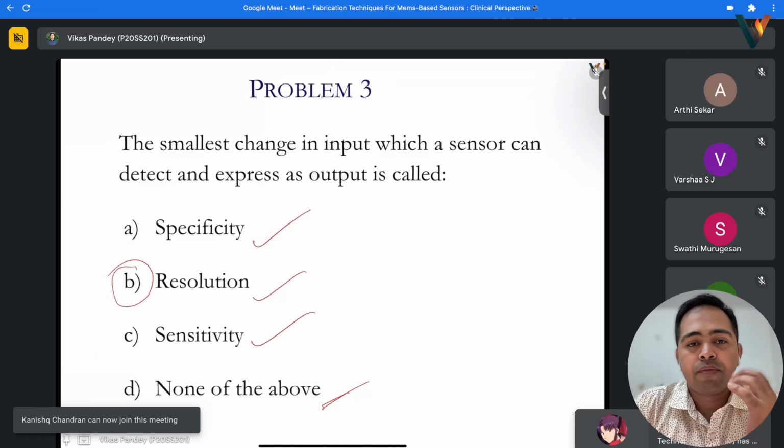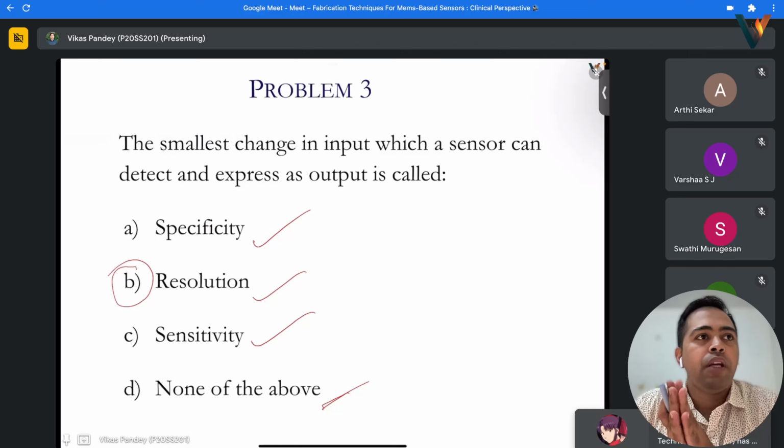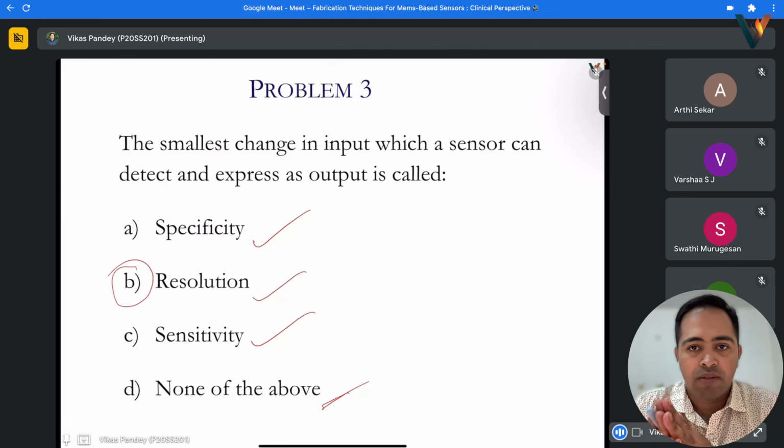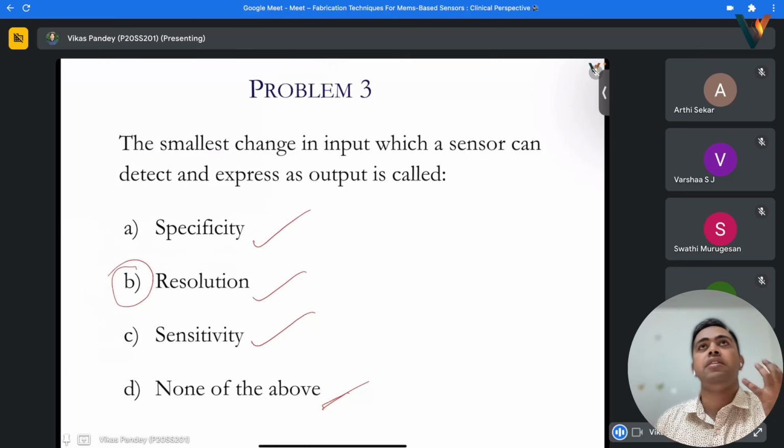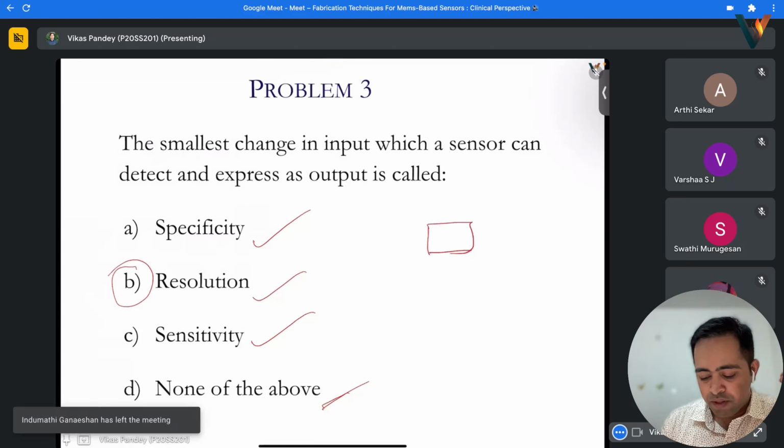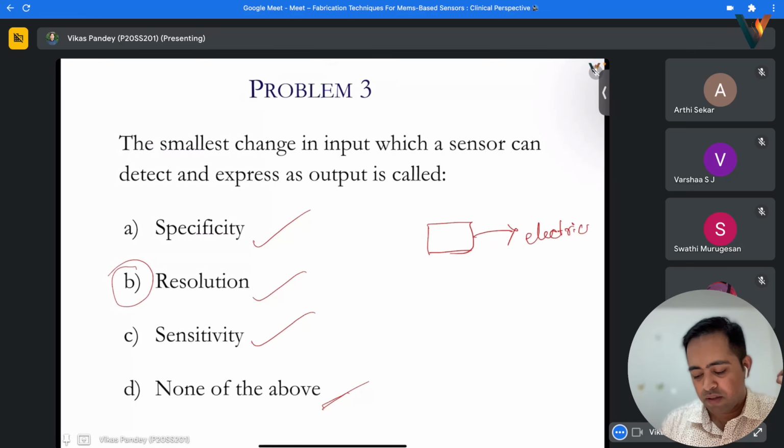So you must be aware of sensors and what a sensor is. In a simple sense, any physical or chemical change which we can detect and convert to an electrical signal.